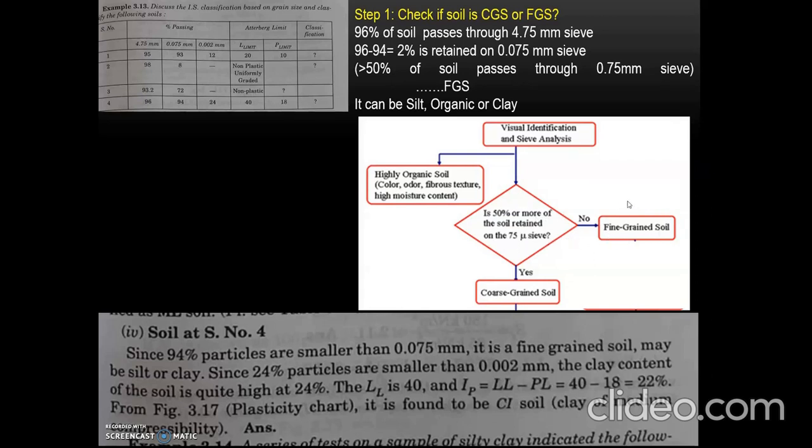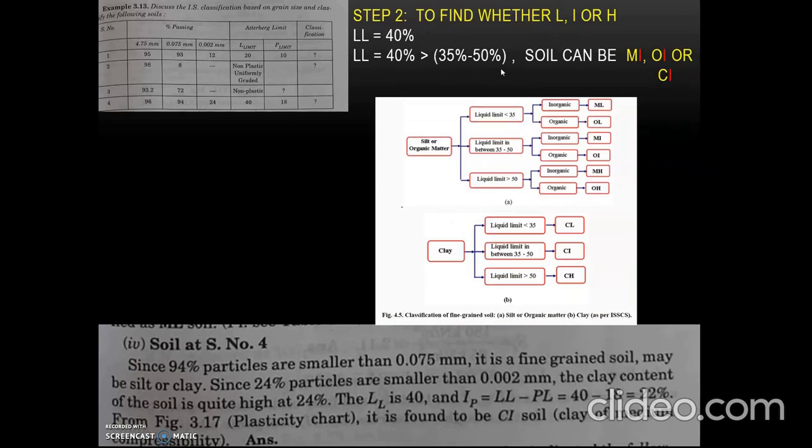Once we confirm that it is fine grained soil, we have to check whether it is silt, organic or clay. Before that, we will find out the second letter, that is, whether it is of low, intermediate or high compressibility.